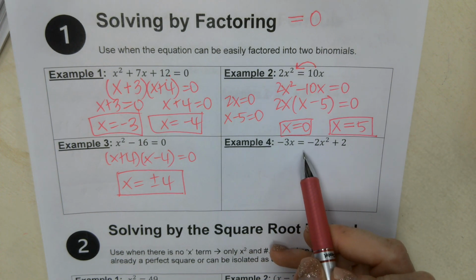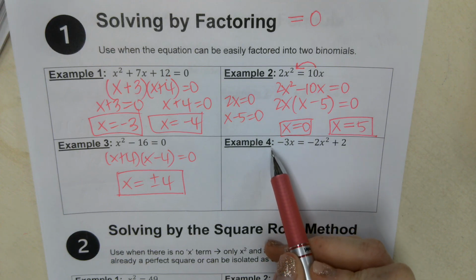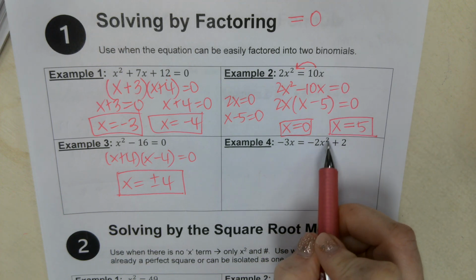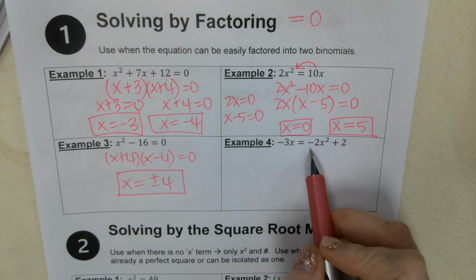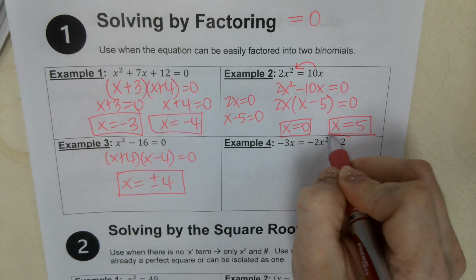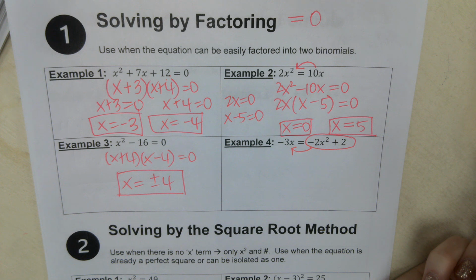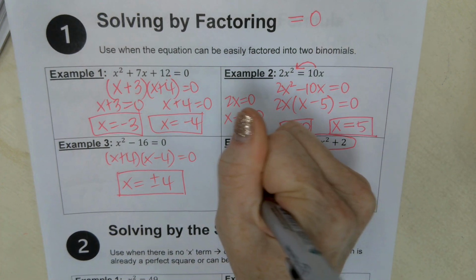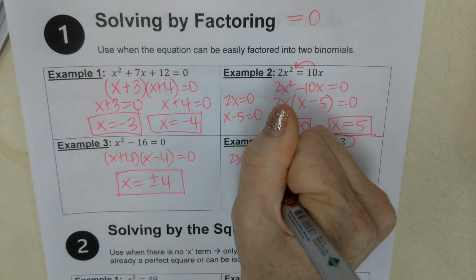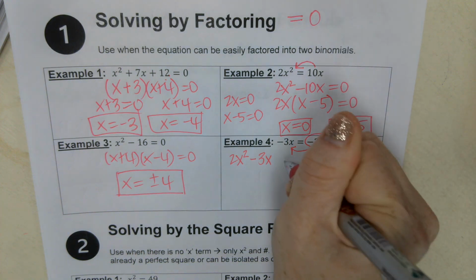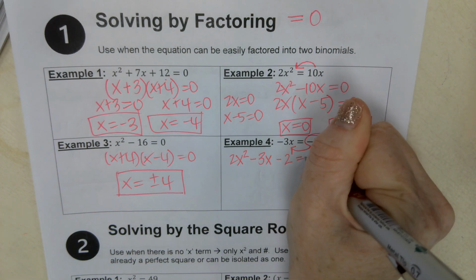And then on this one, I don't have one side set equal to 0. Does everybody see how this x squared has a negative leading coefficient? I don't like that. So I am going to move these two things over to the right-hand side so that I make my x squared term positive.